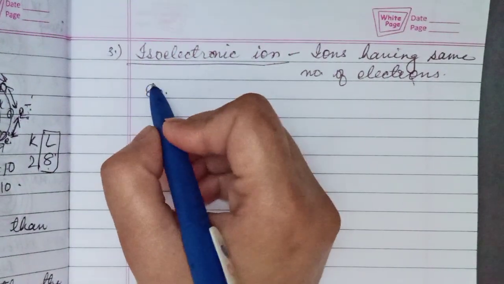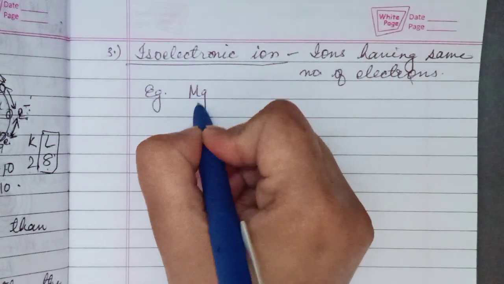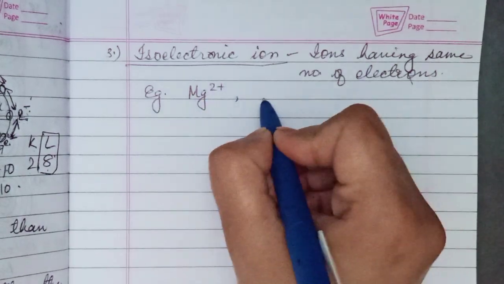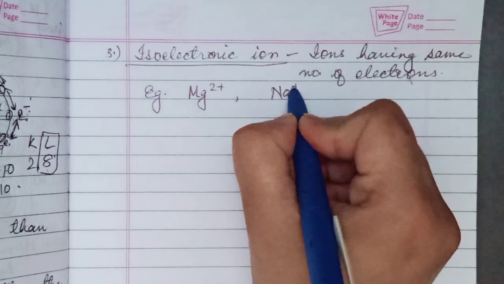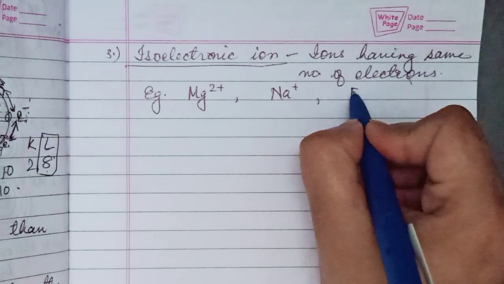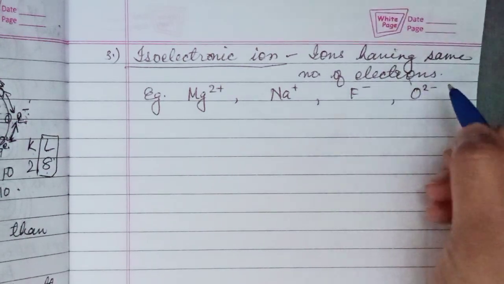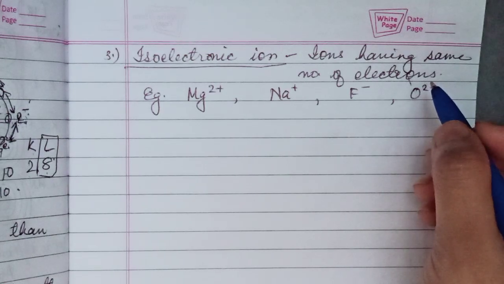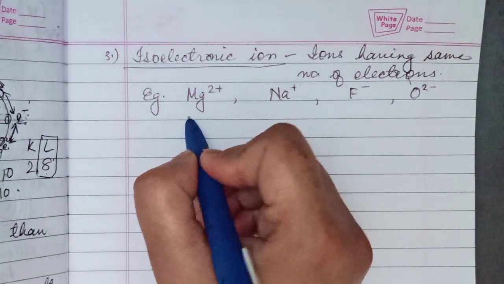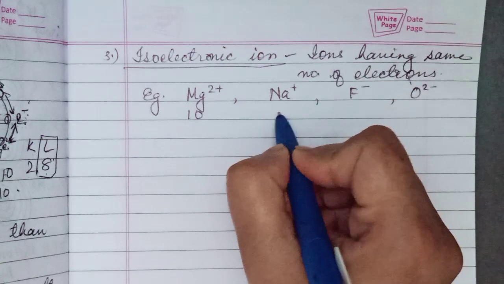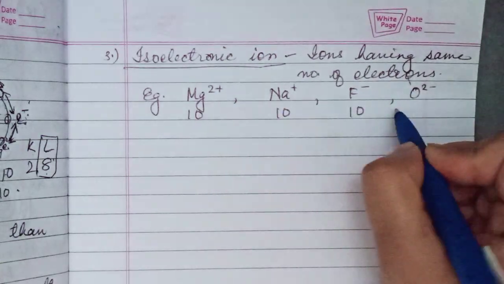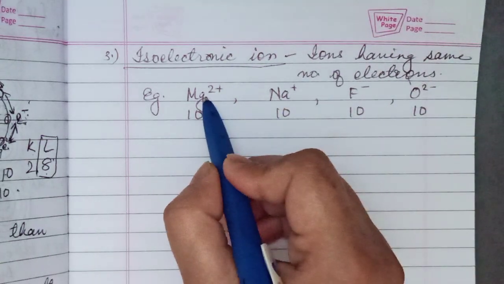Some examples are magnesium ion, sodium ion, fluorine ion, and oxygen ion. In all these ions, the number of electrons is the same.